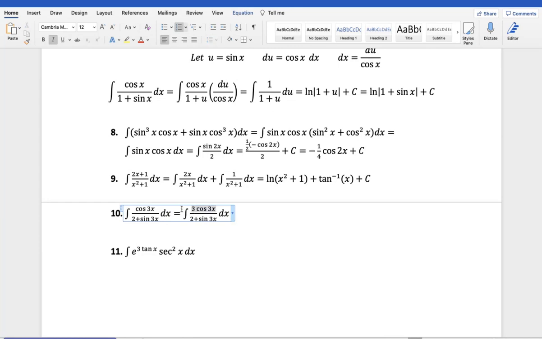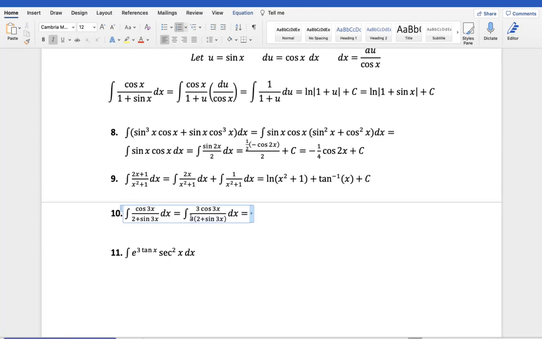If we multiply by 3 and divide by 3 in such a way that it can still be cancelled without affecting the function that we are integrating, we can see that in the numerator we now have the 3 necessary for it to be the derivative of the denominator.